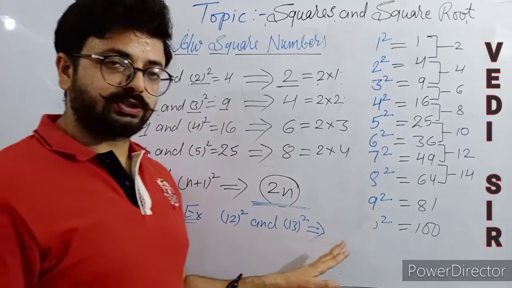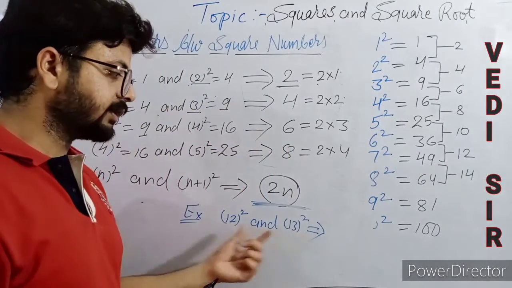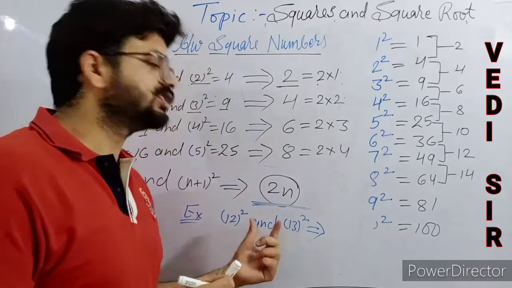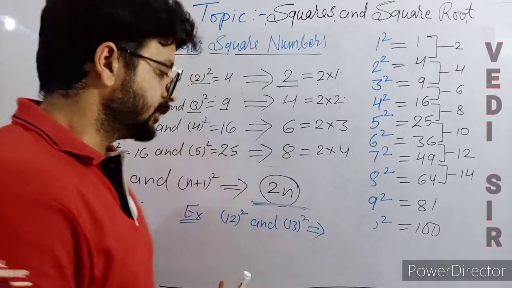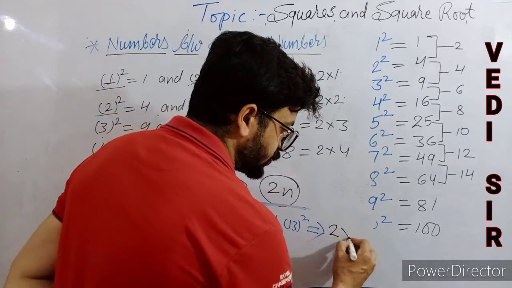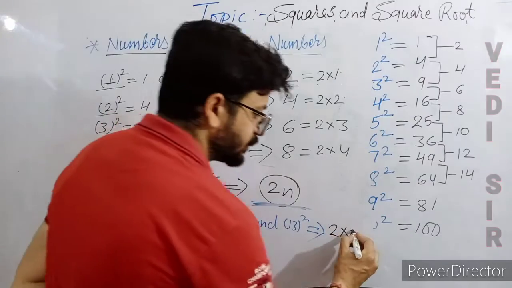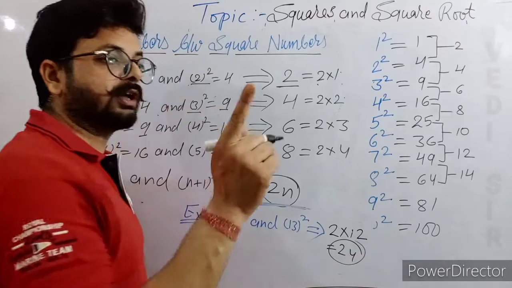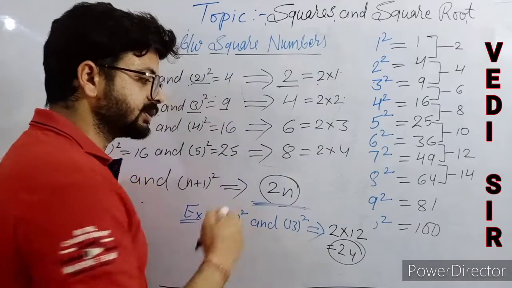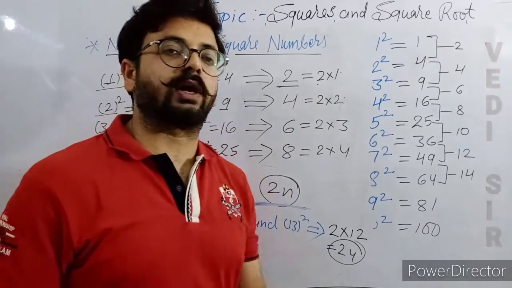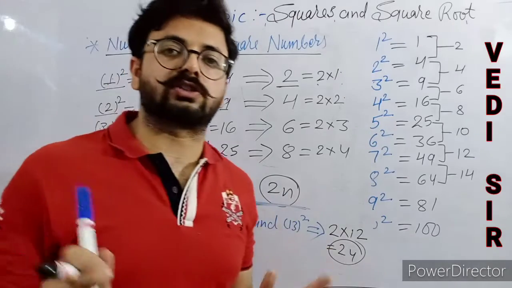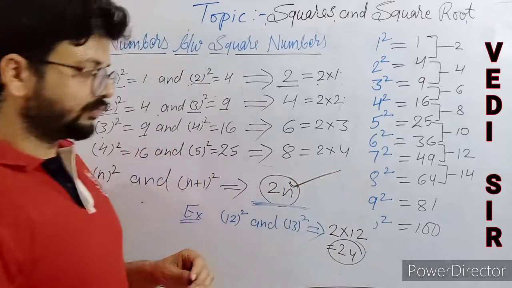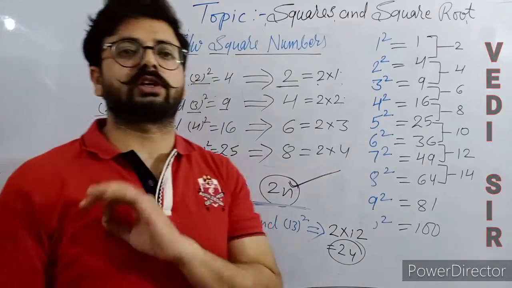Without opening the squares, just tell me how many numbers in between are not perfect squares. I said 2 into the first number, 12. 24 numbers are there in between, which are not perfect squares. You can calculate, it's your choice, but you can directly use this formula. Very useful formula, and very interesting also.